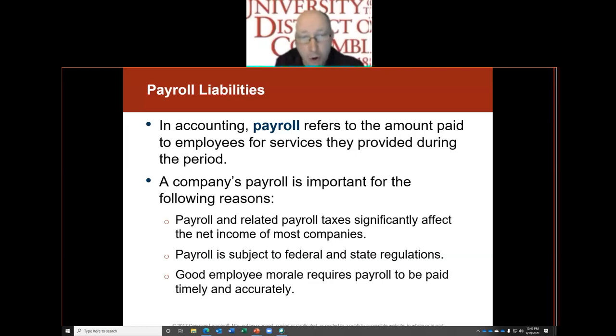Within payroll, your employer has to pay payroll taxes. Okay, you pay taxes, and your employer pays taxes. You pay Social Security. Your employer pays Social Security, unemployment, and a couple of other taxes.